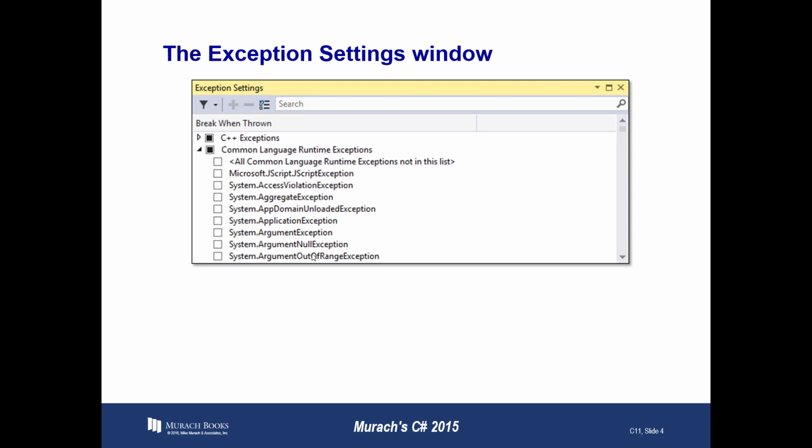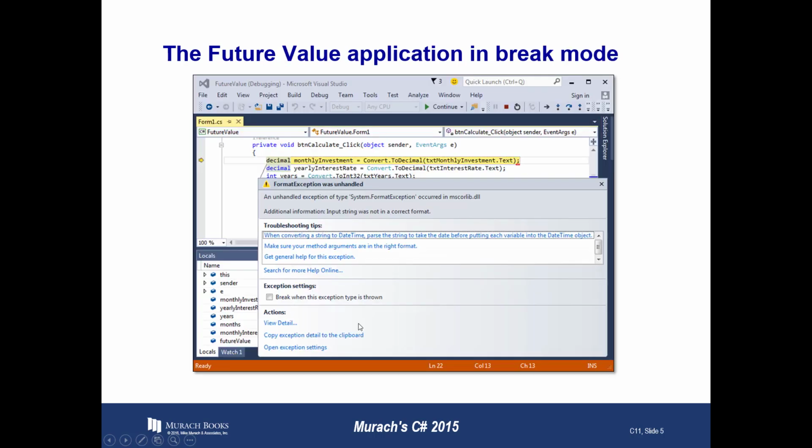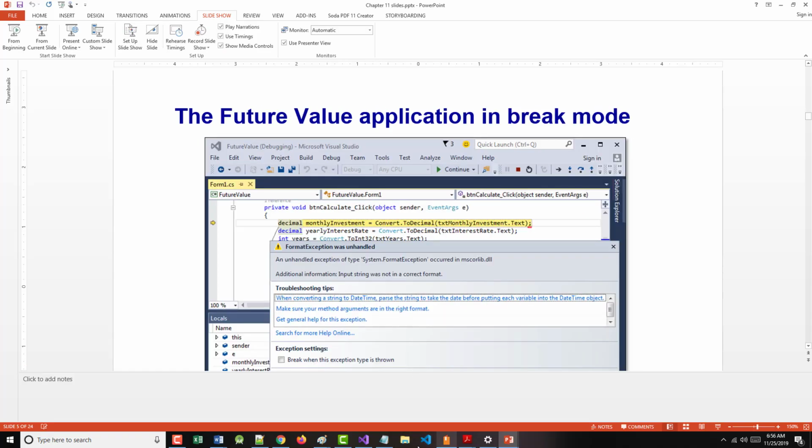And let's just say you gave that byte variable a value of 500. Well, that would be your argument out of range, as an example. Now, this is a future value thing here. And notice system format exception. Well, let's see if we can generate one of these ourselves.